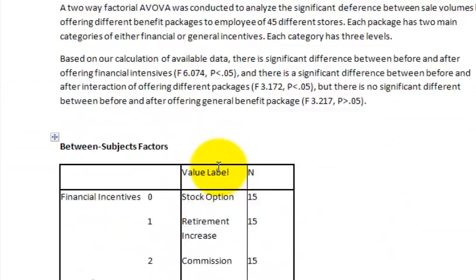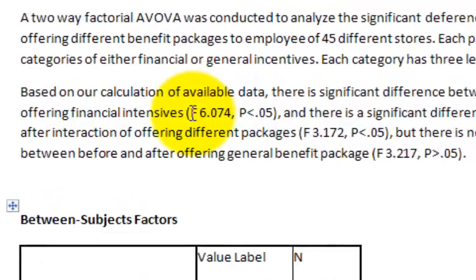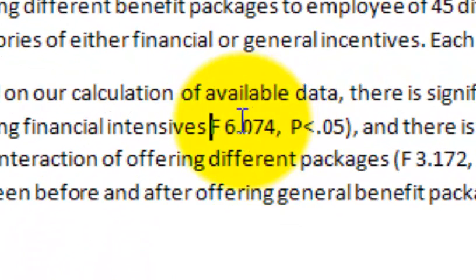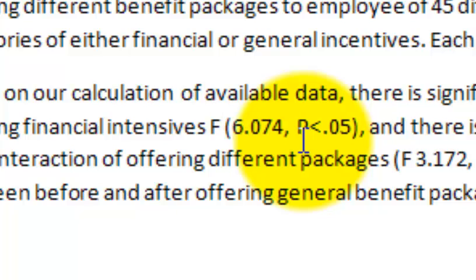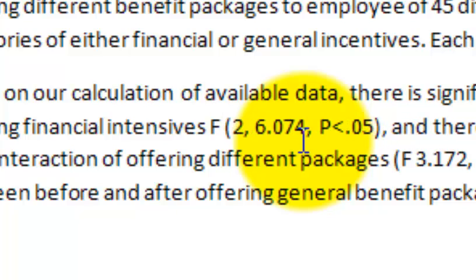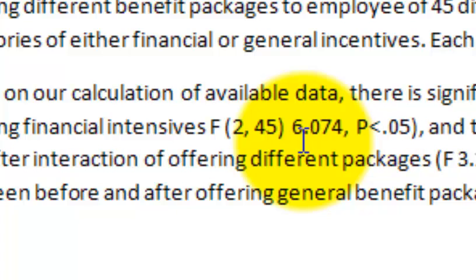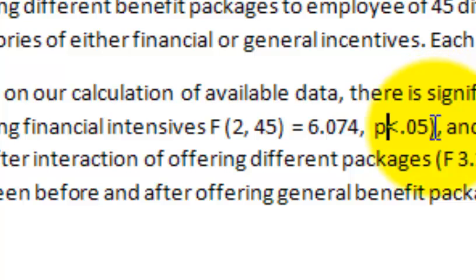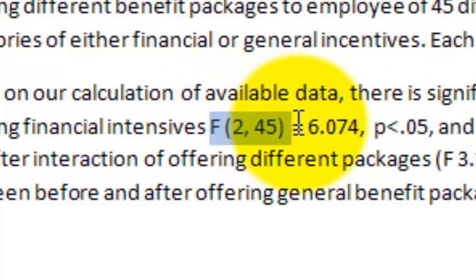So yours should have looked like this: F(2, 245) = , comma, little p less than 0.05. Get rid of that second parentheses, okay? So they need to look like this.